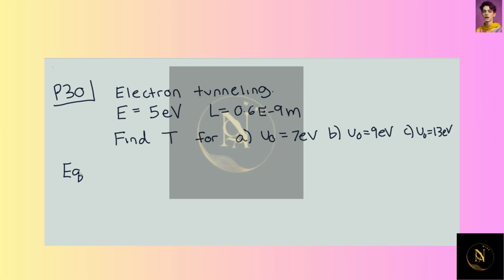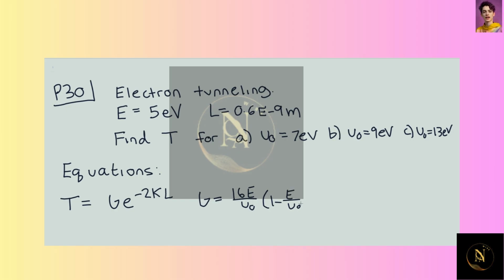So for equations, we were given an approximation formula for the transmission coefficient, which is a somewhat complicated expression. It's a decaying exponential, which involves k and g coefficients and L, the width of the barrier, where g is defined as 16 E over U naught, times 1 minus E over U naught.